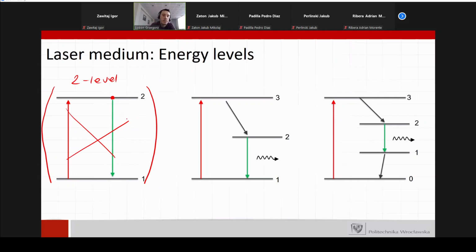This is because in this kind of system we have the same energy gap for the absorption and for the emission.